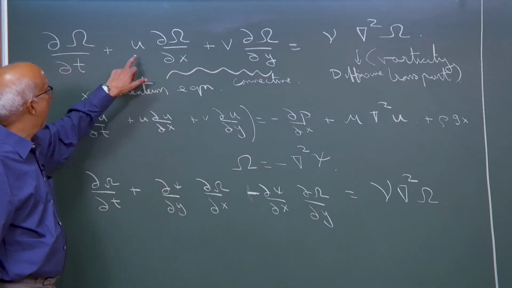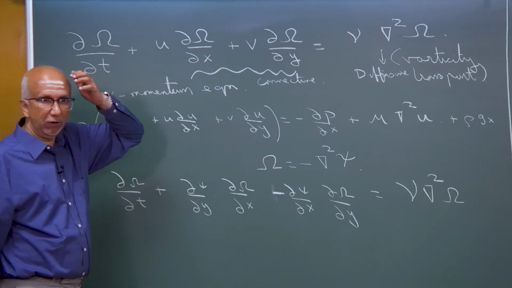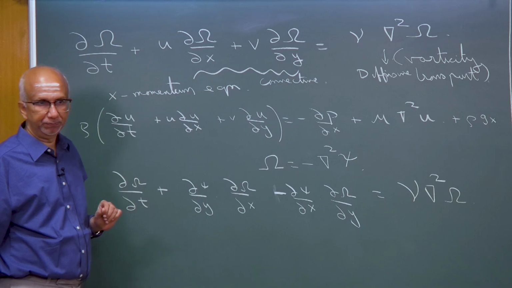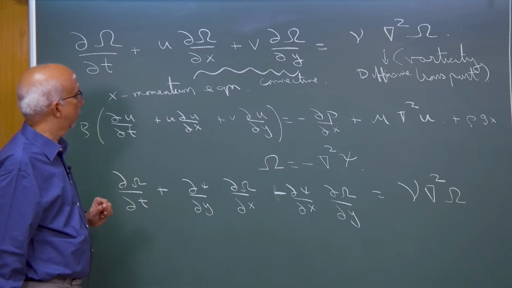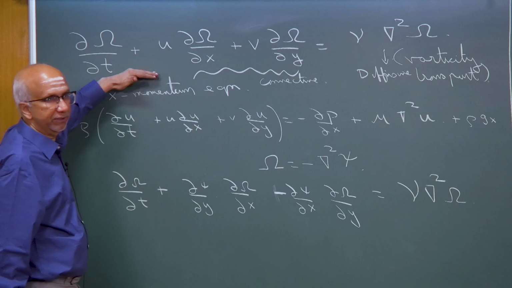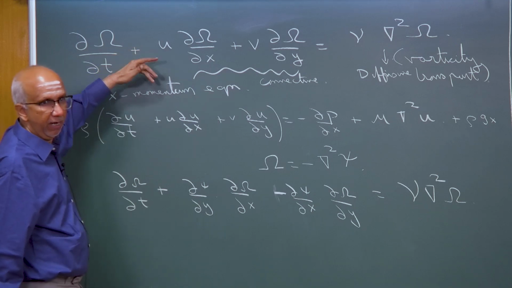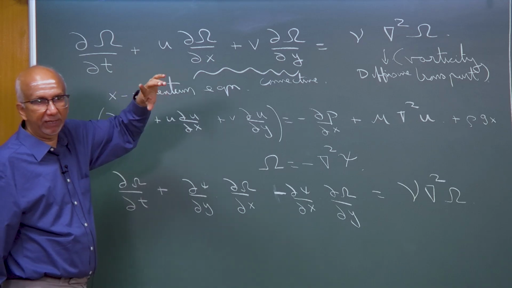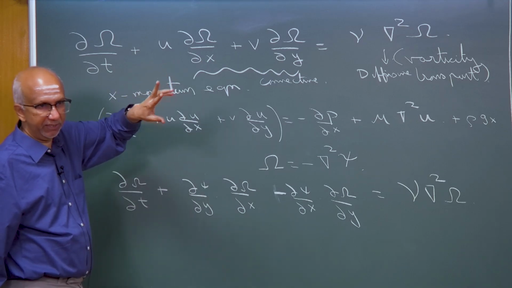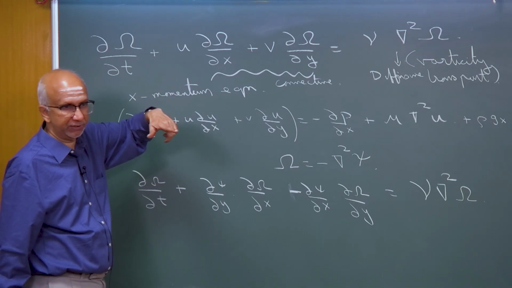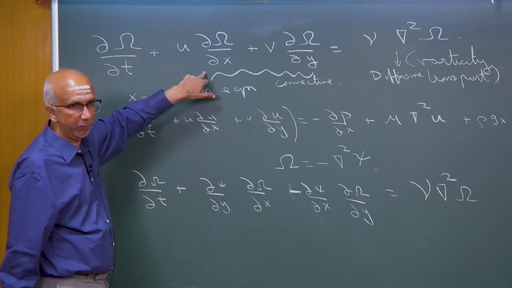What have I done? I have replaced the u and the v, the velocity components, in terms of the stream functions, okay. So, basically how did I derive this equation? I started with the momentum equations and I eliminated pressure by doing a cross differentiation. X momentum equation I differentiated with respect to y, y momentum equation I differentiated with respect to x, subtracted, and I got this equation, okay.